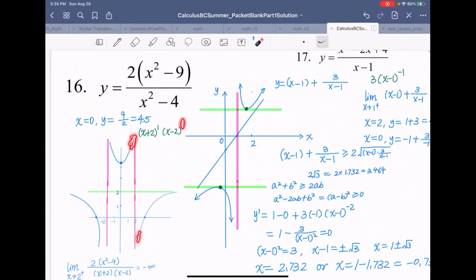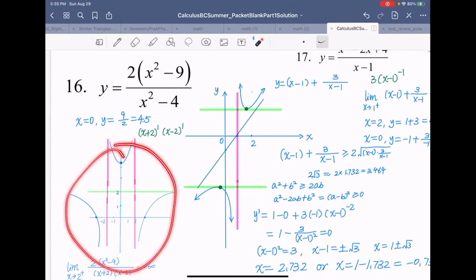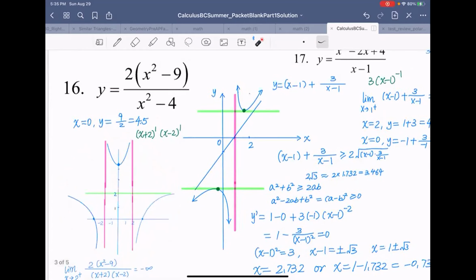You switch, correct? Right. And then you let x equal -1, find your y value, and then you are able to draw. This gives you positive infinity. And because this is a 1, this guy jumps to negative infinity. Okay, that makes sense? Makes sense. So this is number 16.